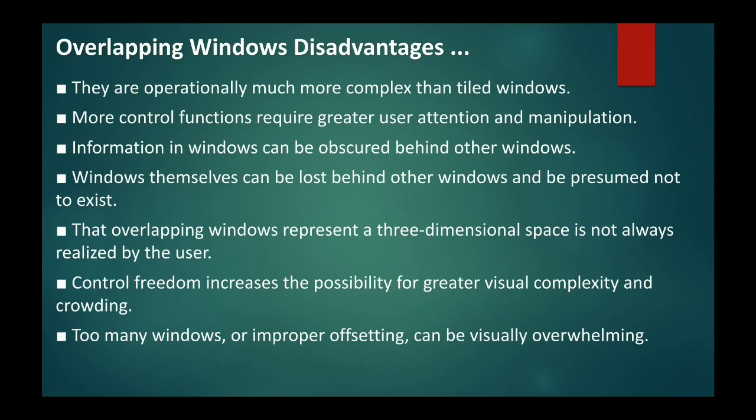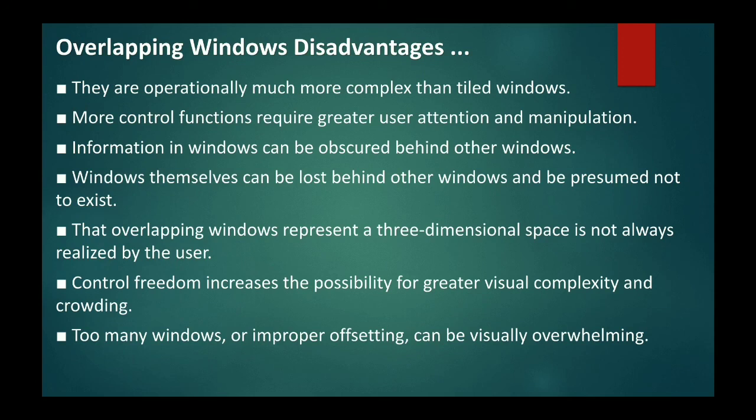So windows themselves can be lost behind other windows and be presumed not to exist. At some point you will forget that you have one more window behind this window, so the information that window is showing may be lost temporarily.